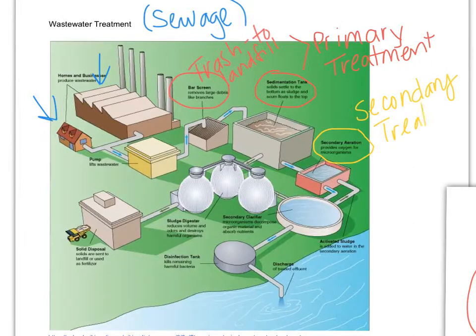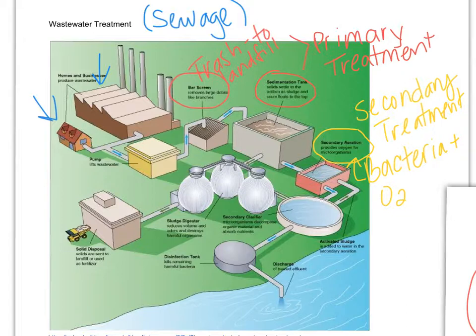At this part, they put in bacteria, and they bubble in oxygen, and it digests organic waste. So bacteria plus oxygen. The word aeration actually means adding oxygen, and so that occurs at that location.